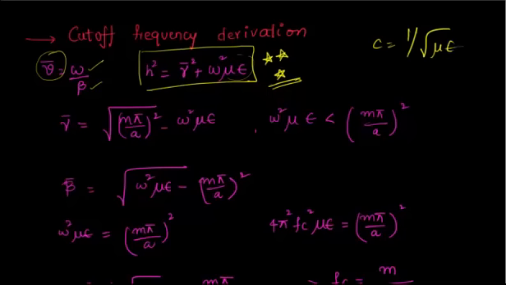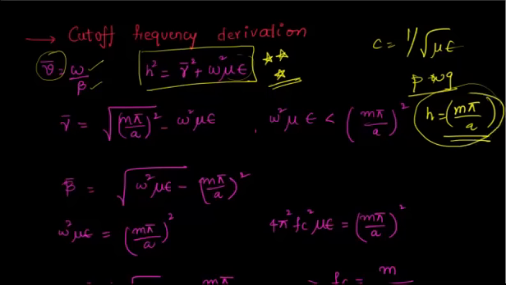While deriving the field equations of the parallel plate waveguide, I showed that h is equal to m pi by a. This is the condition we obtained after substituting the boundary condition, so I put it here. So gamma is equal to the square root of h square minus omega square mu epsilon, where h is m pi by a.